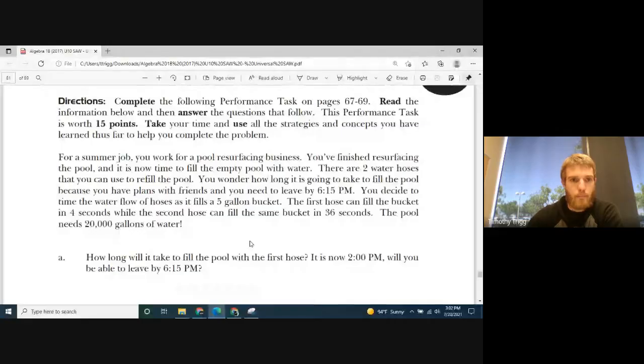I'm going to share my screen here. Okay. It says, for a summer job, you work for a pool resurfacing business. You finished resurfacing the pool, and now it is time to fill the empty pool with water. There are two water hoses that you can use to refill the pool.